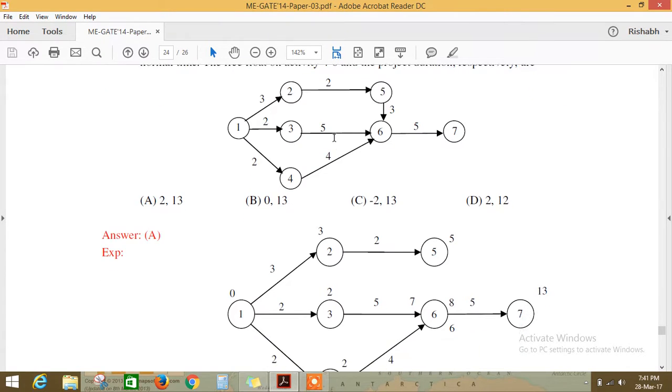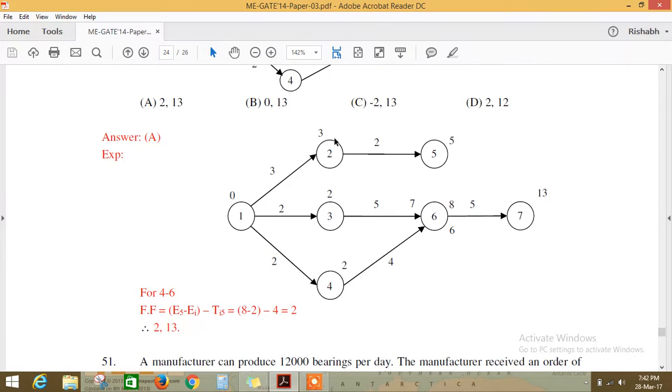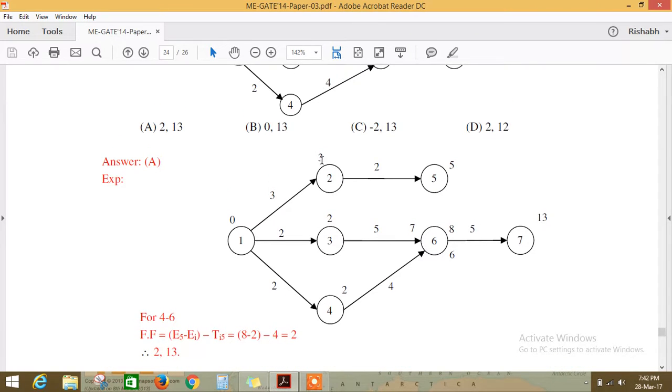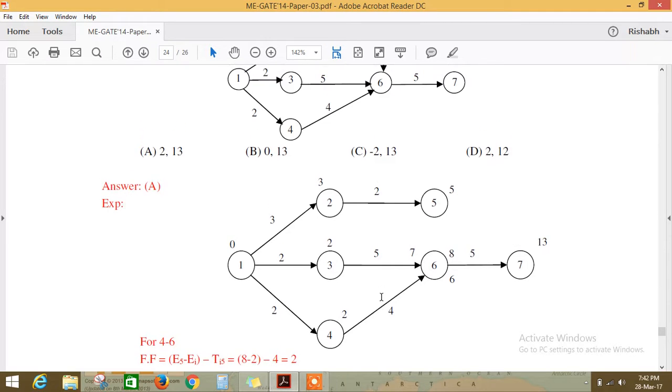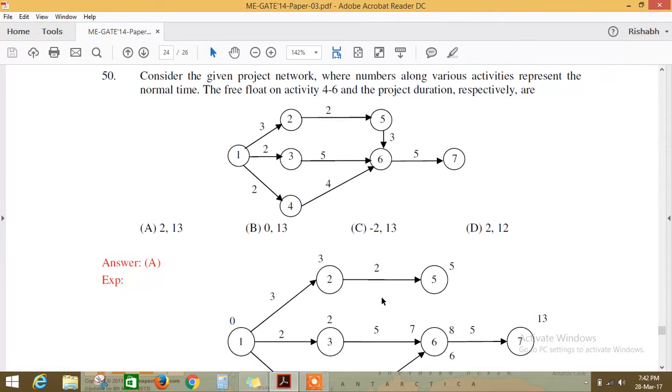So first let's find out the free float. First of all find out the project duration or free float, anything you can find out, but it's better to find the project duration to eliminate options.